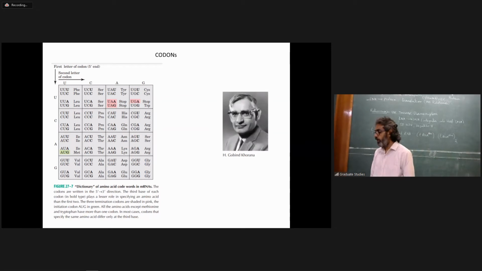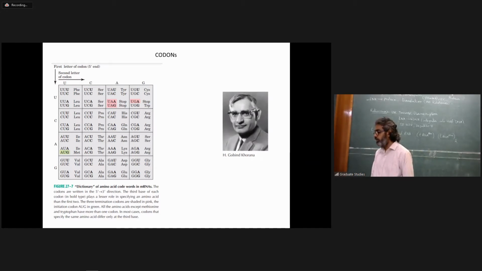You have a long mRNA strand derived from your DNA, and somehow it goes beyond what is required for the protein sequence. So these codons tell the ribosome that the protein sequence has ended, so you stop synthesis. Beyond this point, you don't need to synthesize.